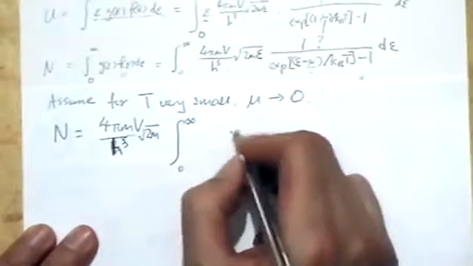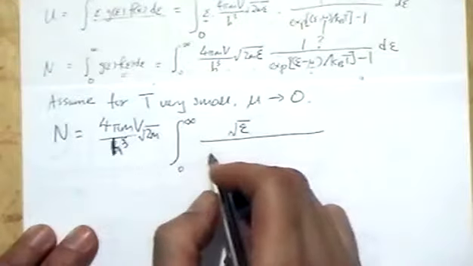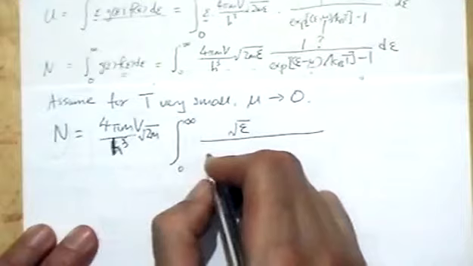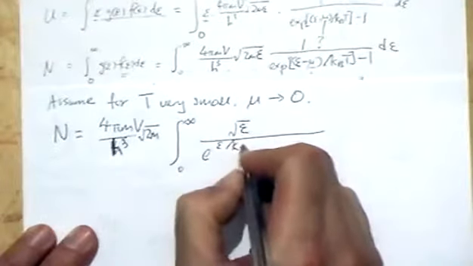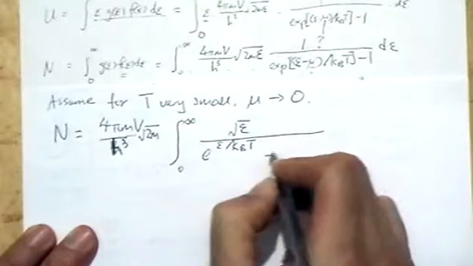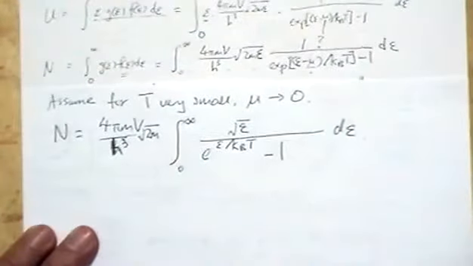I have a square root of E up there. Now that would be e to the power of (E over kB T) minus 1, dE. So that's what we have.